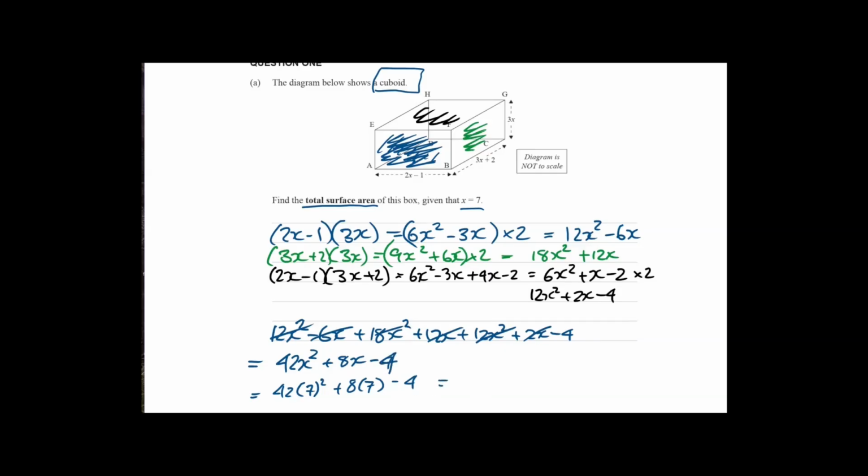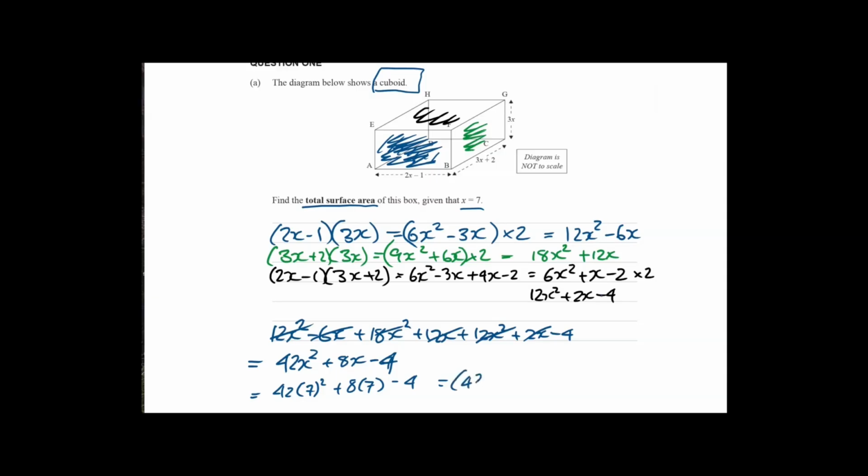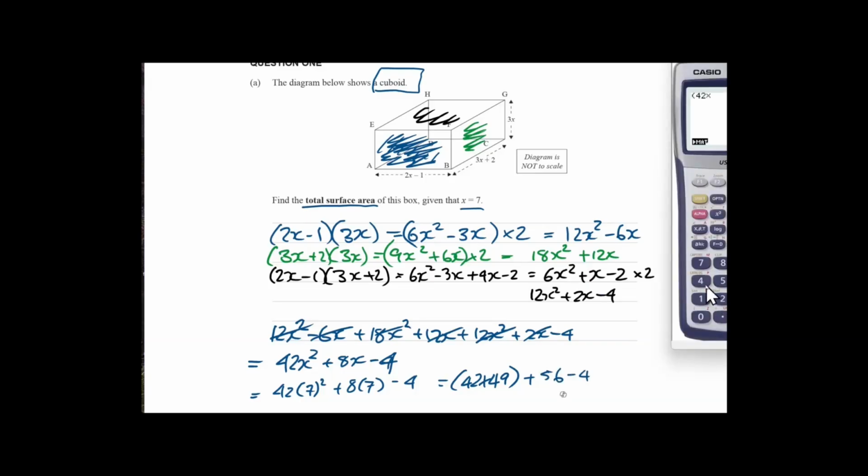I can't be bothered doing it just off the top of my head, so let's grab our calculator. 42 times 49 plus 56 minus 4 is 2110.